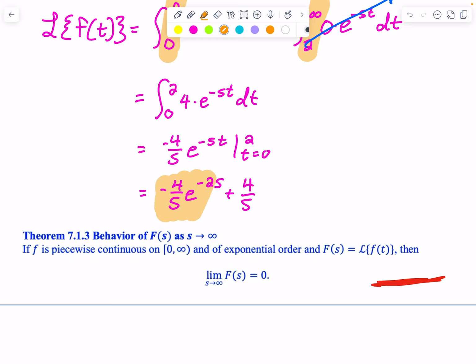One thing to point out, and you should go back and look at all these answers: we took this function, we took the Laplace transform, and now it looks like this in notation, a capital F in terms of s. So here's a cool little thing that we'll end with. If f is piecewise continuous and of exponential order, then the Laplace transform will always go to 0 as s goes to infinity.